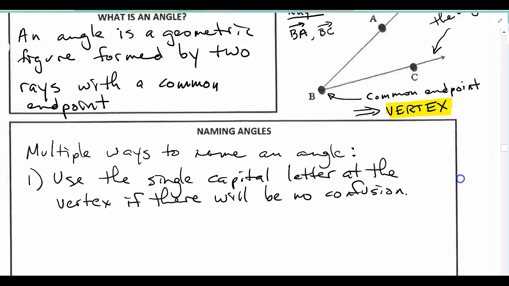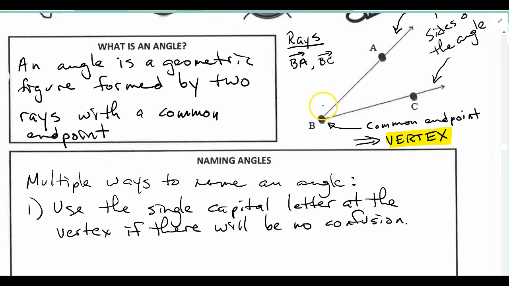So in our case up here, I have this angle, and I could use this single capital letter at the vertex to name it, and we always have to use the angle symbol. So I could call this angle B. Notice the angle symbol here.